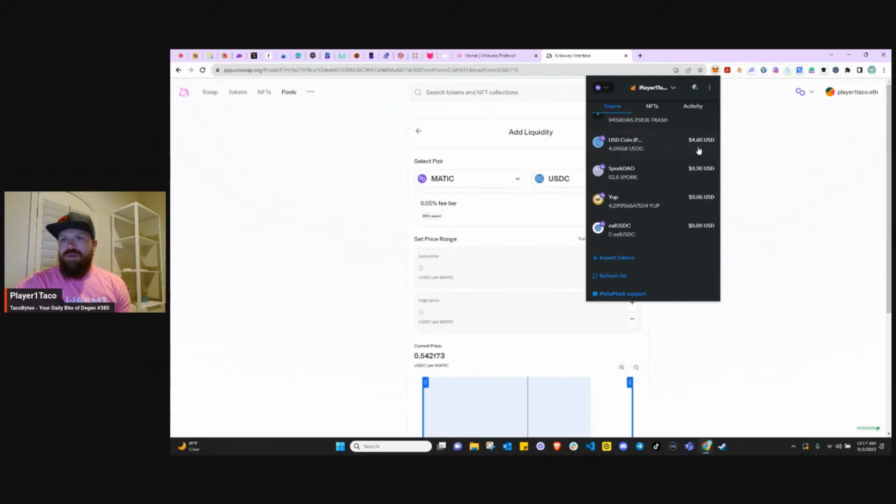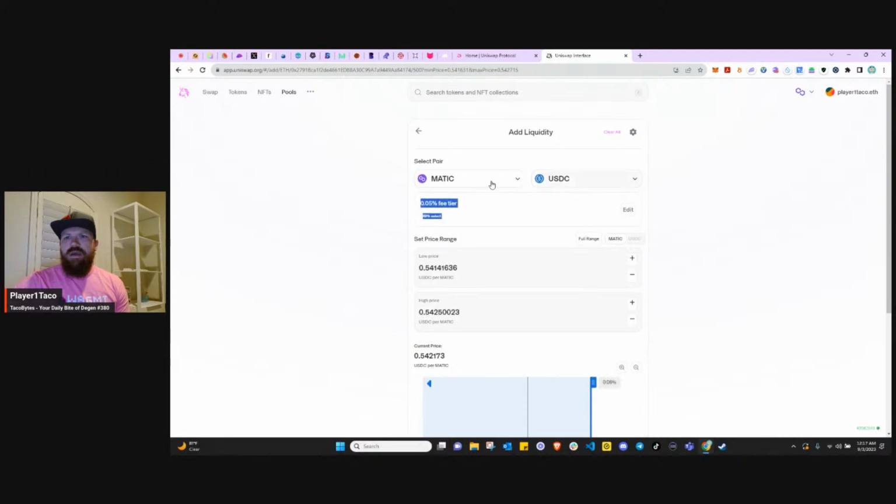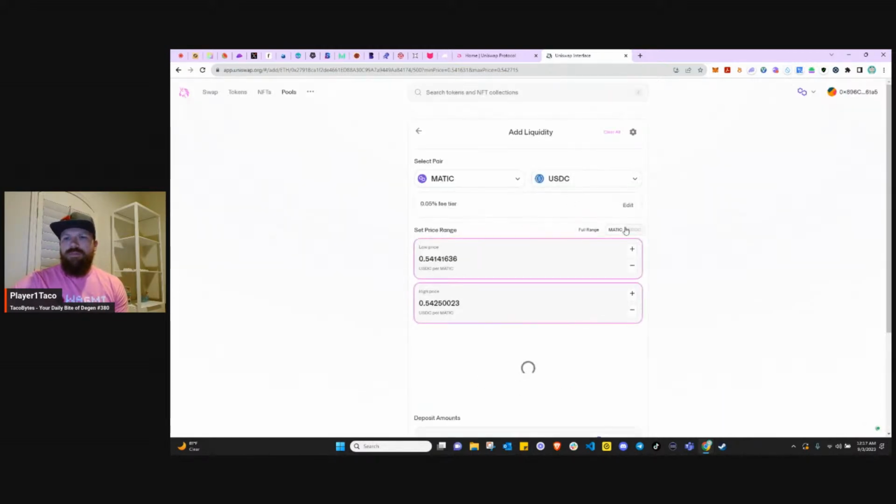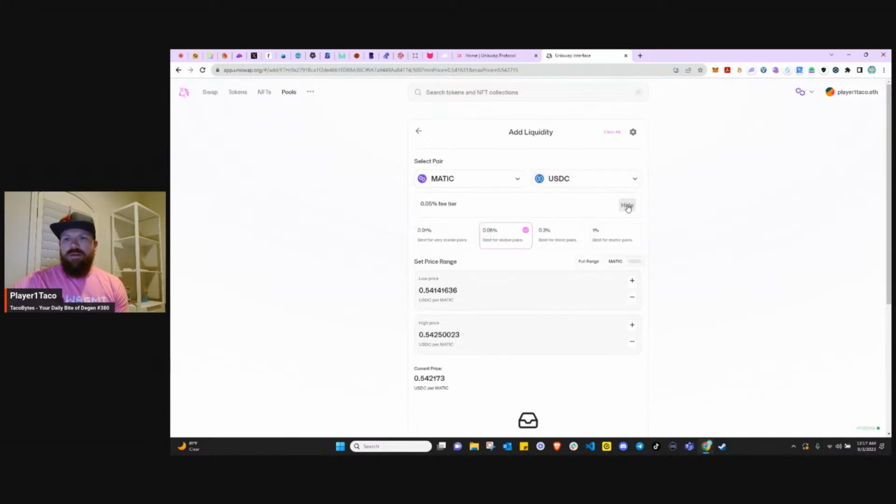We have $4.60, so we're going to refresh this real quick so it can catch up to how much USDC we actually have. Then, since this is a stable pair, we see that this is where a lot of people have positions.